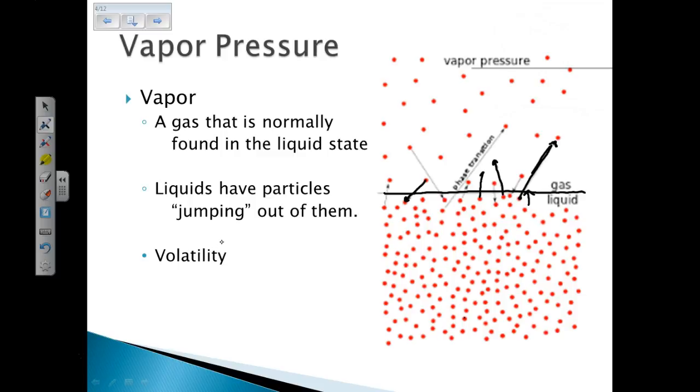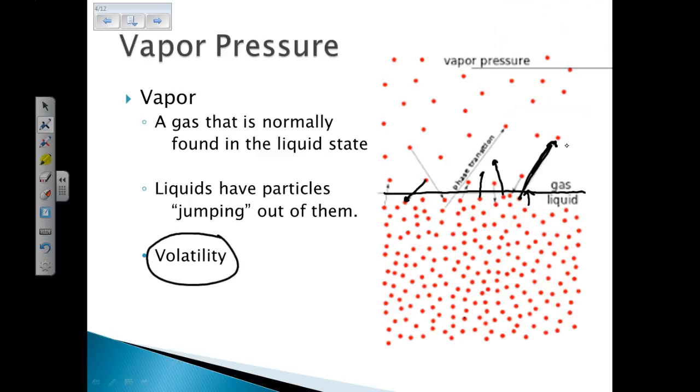This is where we get the phrase volatility from. The more volatile something is, the higher the vapor pressure, so the more molecules that are going to jump off into the gas state.